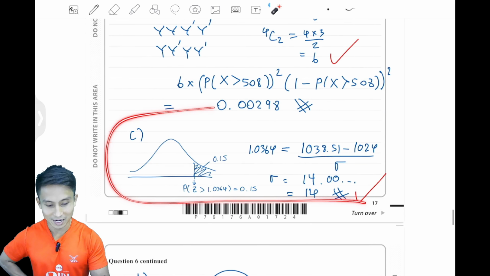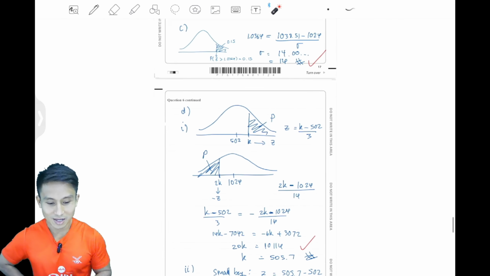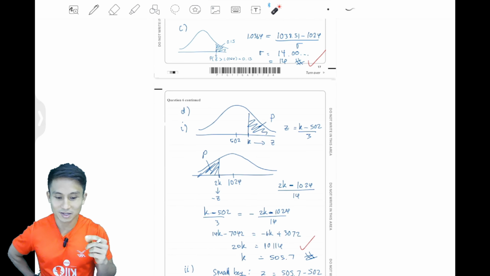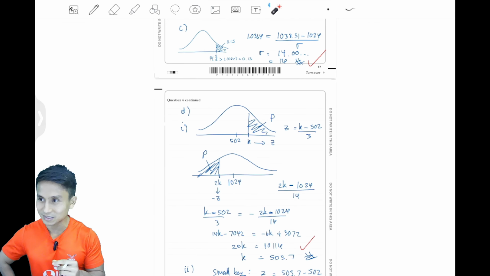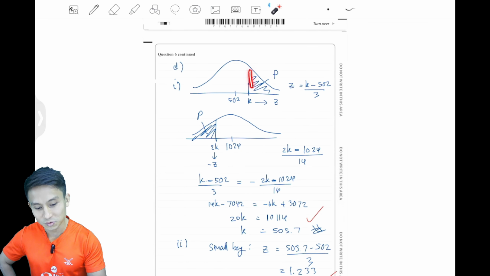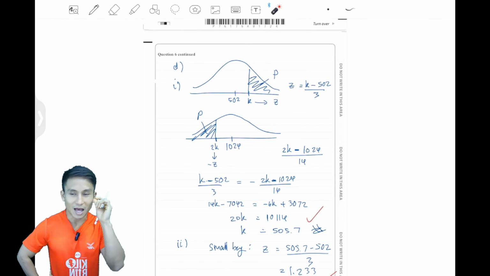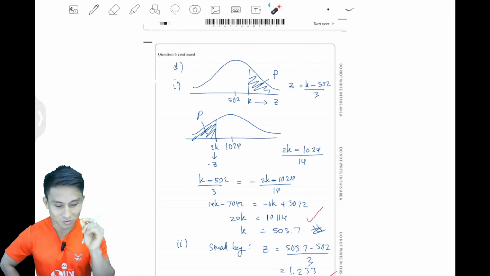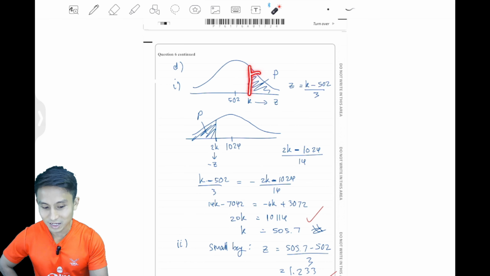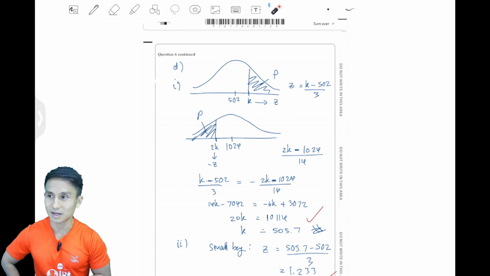And this one is a highlight for this paper, I think. I remember it does this before in the past paper, and it gives you the relationship between areas. But the critical bit that you need to be able to crack here is that it's going to be only on the right tail of the smaller bag and the left tail of the larger bag, because if it's the other way around, it doesn't make sense.